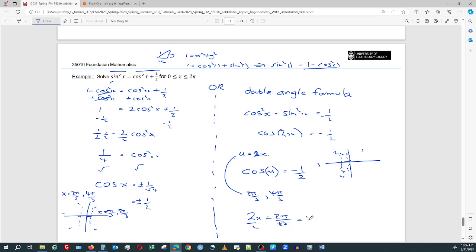So x is pi on 3. Further, 2x was equal to 4 pi on 3. Divide by 2. So we get x is equal to 2 pi on 3. Previous one.